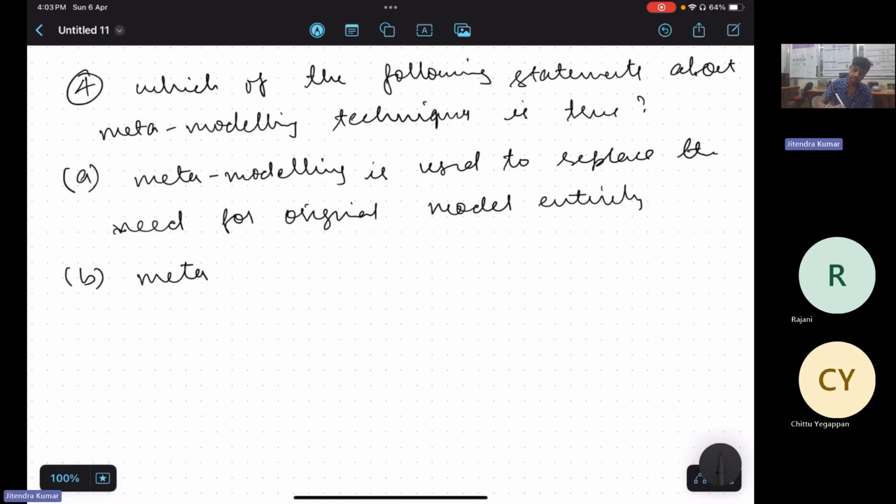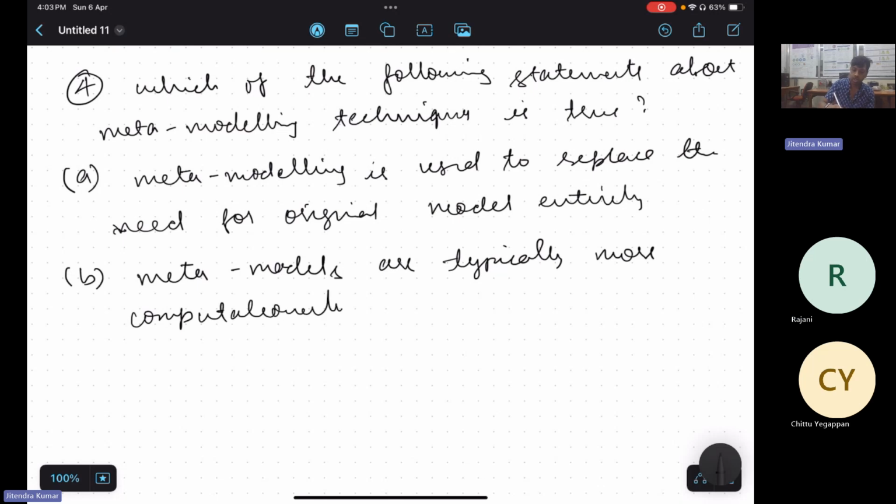Second option, B: meta models are typically more computationally expensive than original models.